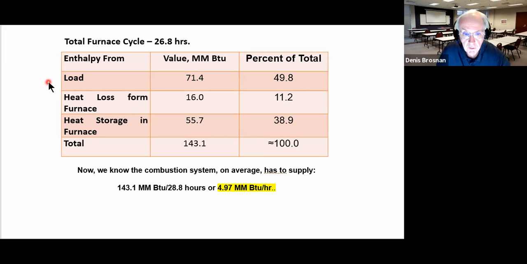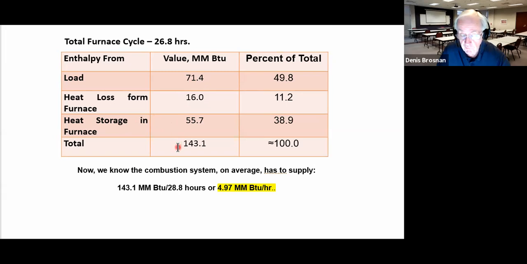So I wanted to look at the values we had in 26.8 hours, 71.4 million BTUs in the load. That's going to turn out to be 49.8, about 50% of the total. If we had a flue in here, it'd be a little less percentages. Heat loss from the furnace, 16 million BTUs over that 26.8 hours. Heat storage, about 55.7 million.